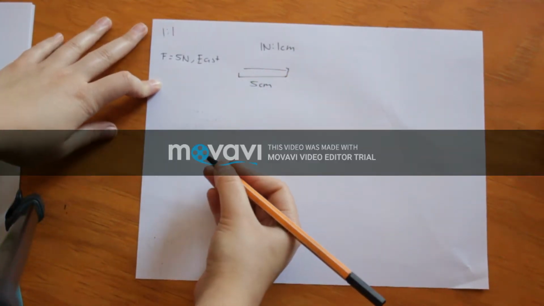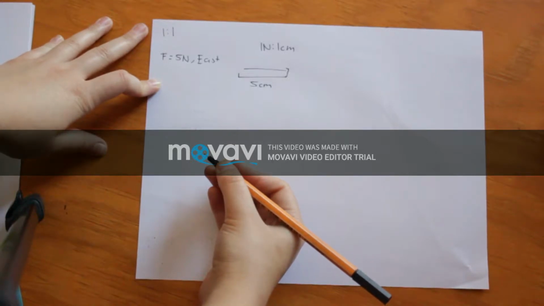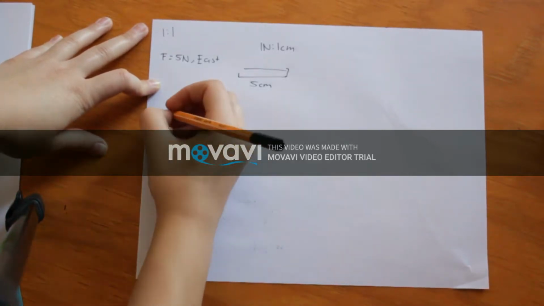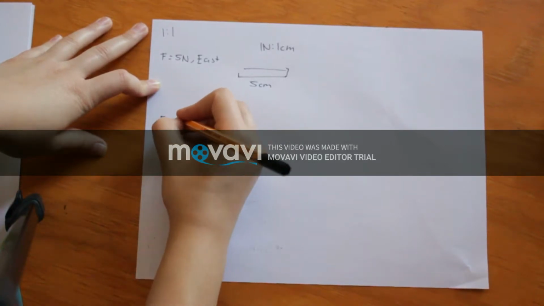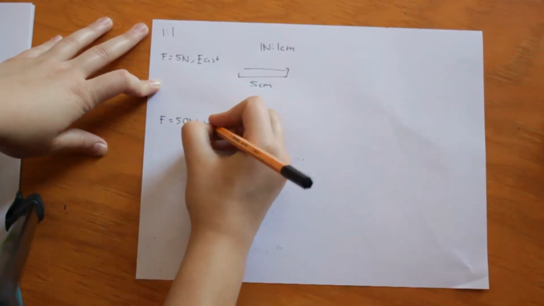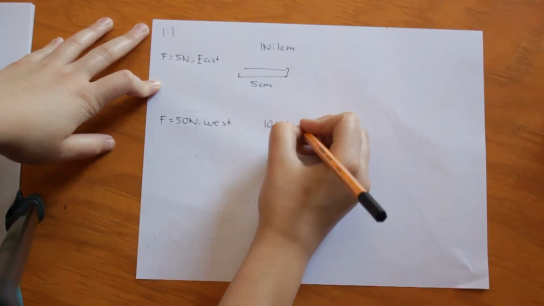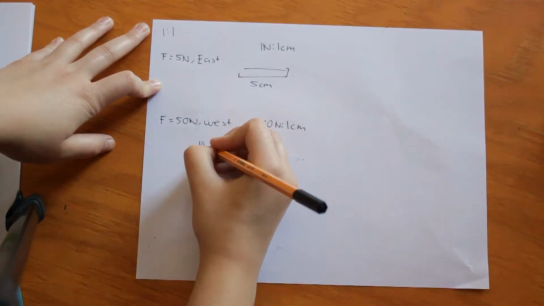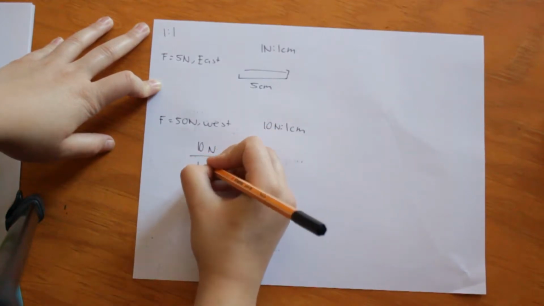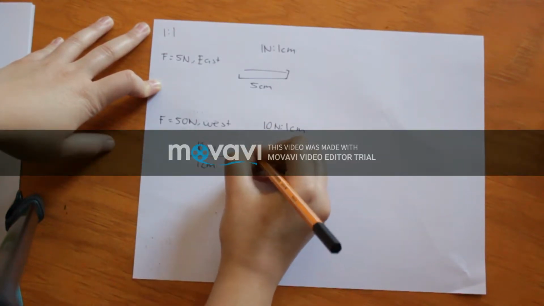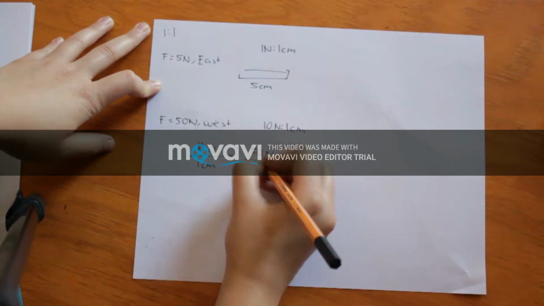It is important to learn how to show scales mathematically in order to be sure of your results. For example, if you have a force equal to 50 newtons west, and the scale is 10 newtons equals 1 centimeter, you can say 10 newtons over 1 centimeter is equal to 50 newtons over x.